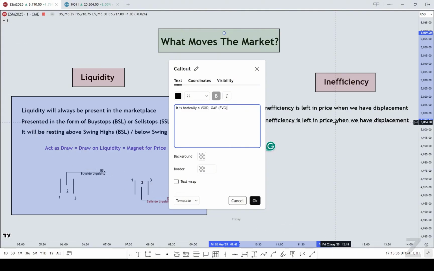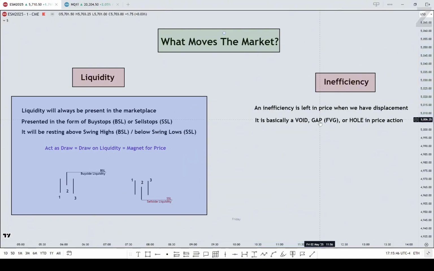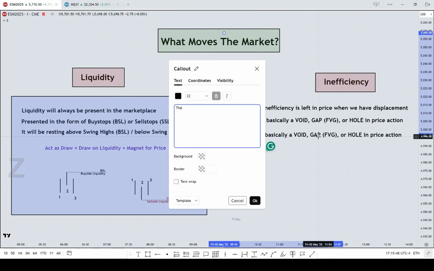You said that one right, also called a value gap, or a hole in price action. Good. So what happens here? The market will tend to return to the inefficiency, or fair value gap, to deliver price efficiently, basically.